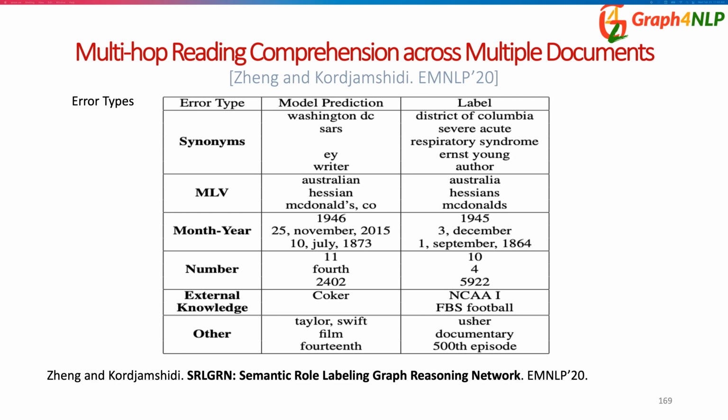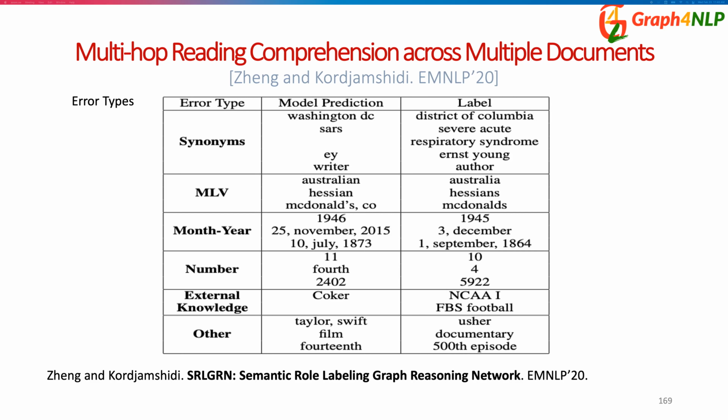Then the other is more of a precision issue, like for month and year numbers: even though the values are not related to each other, because they are the same type of temporal argument, they are somehow related to each other. Then there are also missing edges that can only be added when you have external knowledge, and so on.